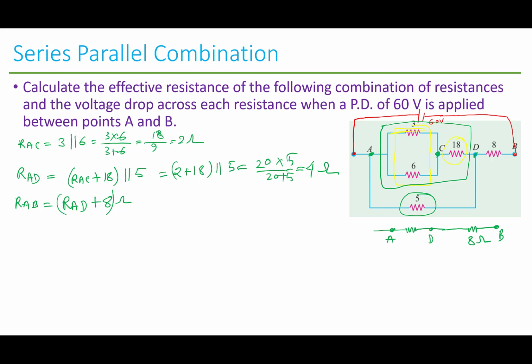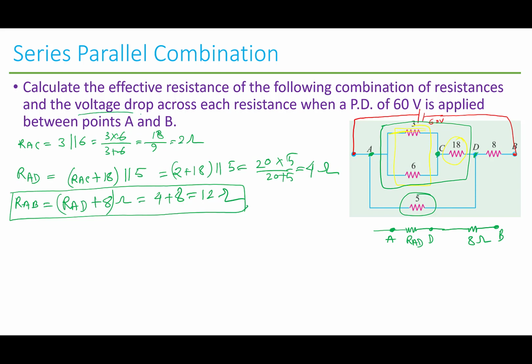We can think of RAD as an equivalent resistance between terminal A and D. These two are connected in series, so 4 plus 8 equals 12 ohm. This is the total equivalent resistance of this circuit.